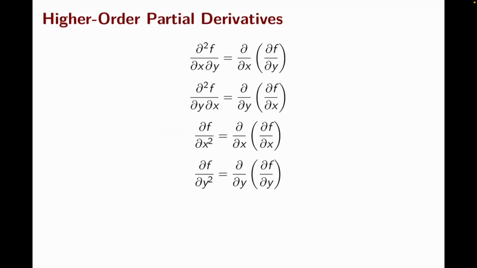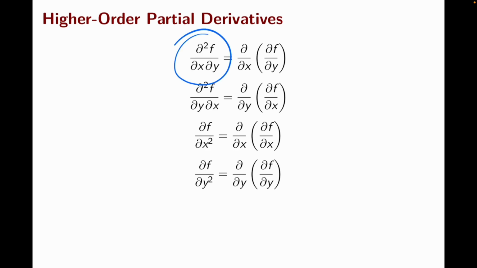Once we calculate one derivative, we can calculate the second derivative, or the third, or the fourth. The calculation of the second derivative is just applying the same thing again. So this is about the notations for these derivatives.